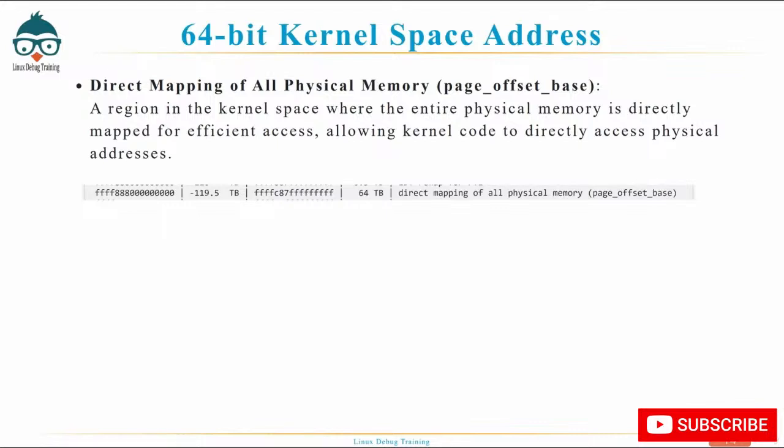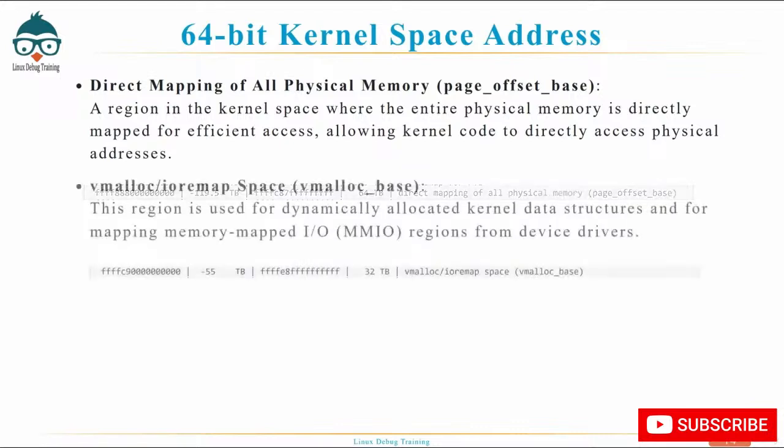It provides the kernel with a straightforward way to interact with physical memory, which is necessary for the low-level operations that include managing page tables, handling interrupts, and performing device I/O. The vmalloc I/O remap space deals with two types of allocation.